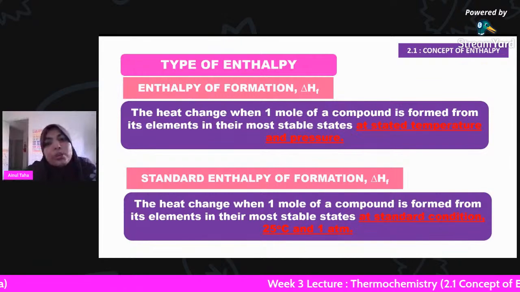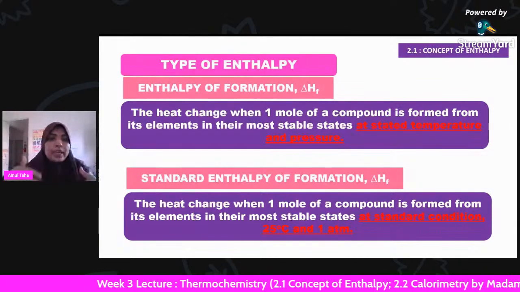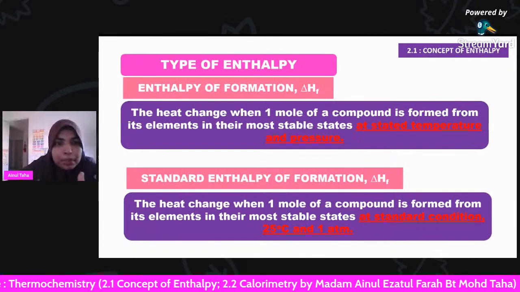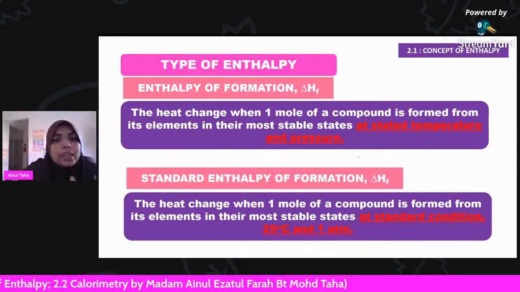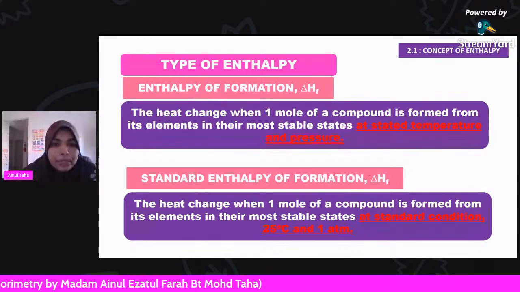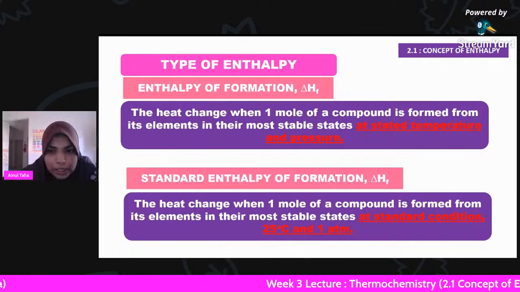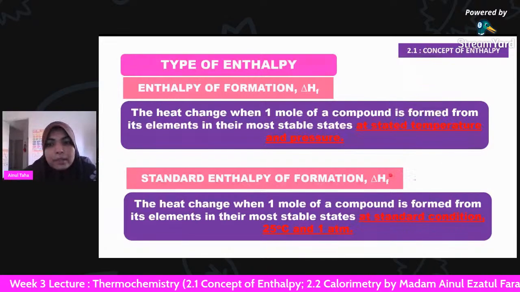This is just an example so that you can understand the difference between the terms. If we have the word standard in front, then here it should have delta H F naught.